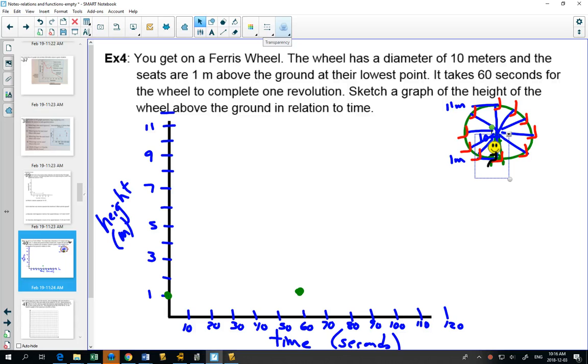Yee! There you are. How long is it going to take you to be up there? 30 seconds. So we can go on to our graph and say, I know at 30 seconds, I'm going to be at 11 meters.